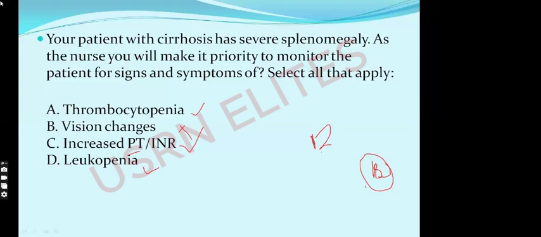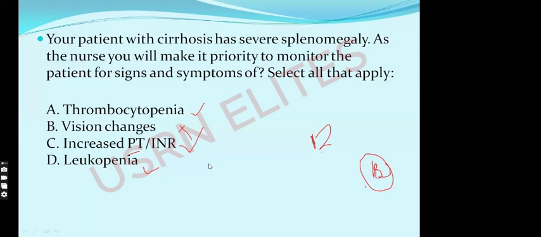Yes, sister. Can you come again with the explanation of the PT and INR? PT is prothrombin time, then INR, international normalized ratio. They are all used to measure how well you clot. And we have another one, PTT.